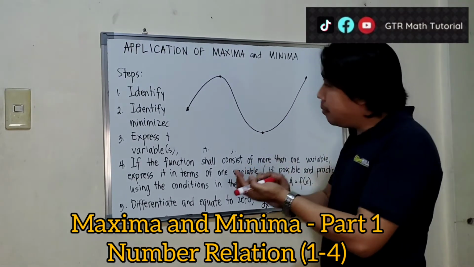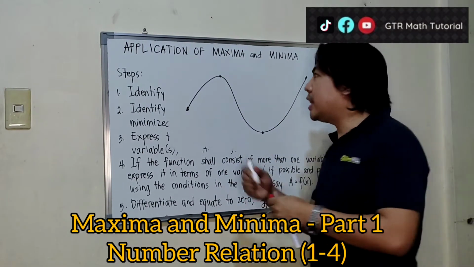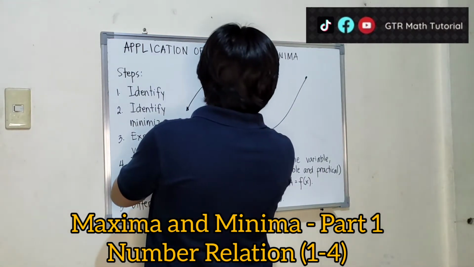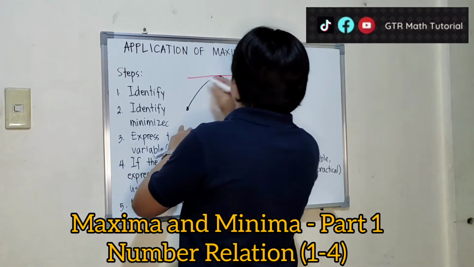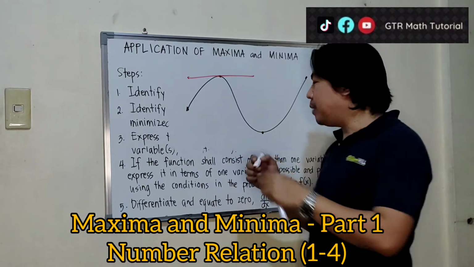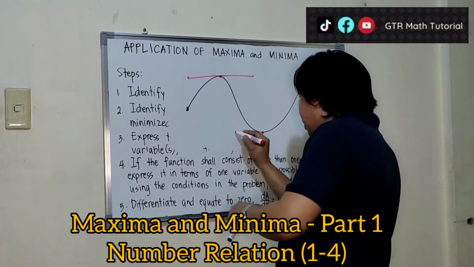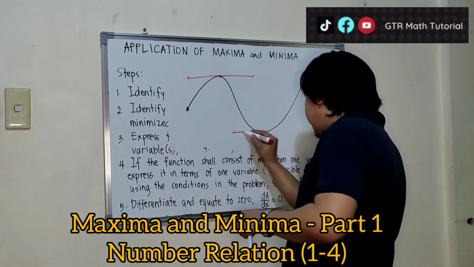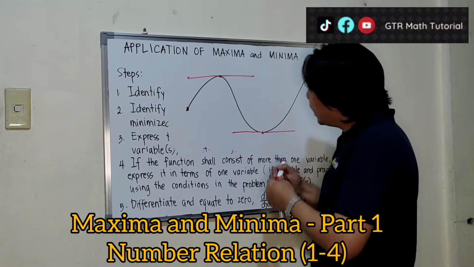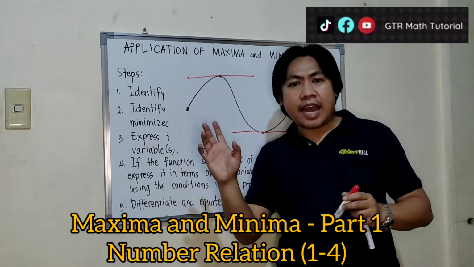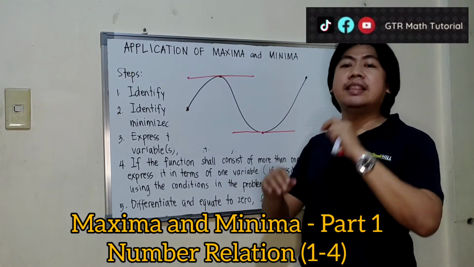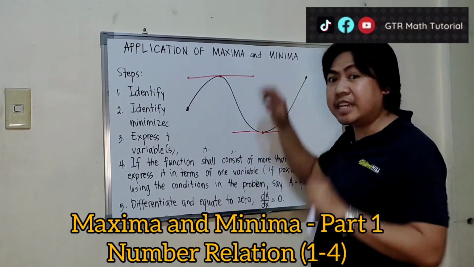At the maximum point, the tangent line is horizontal. At both the maximum point and minimum point, the tangent lines are horizontal, and the slope of the tangent line is 0.